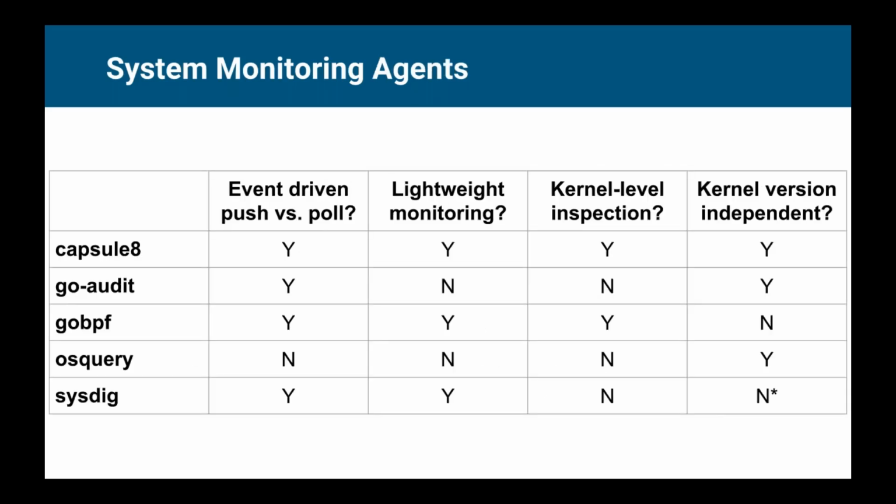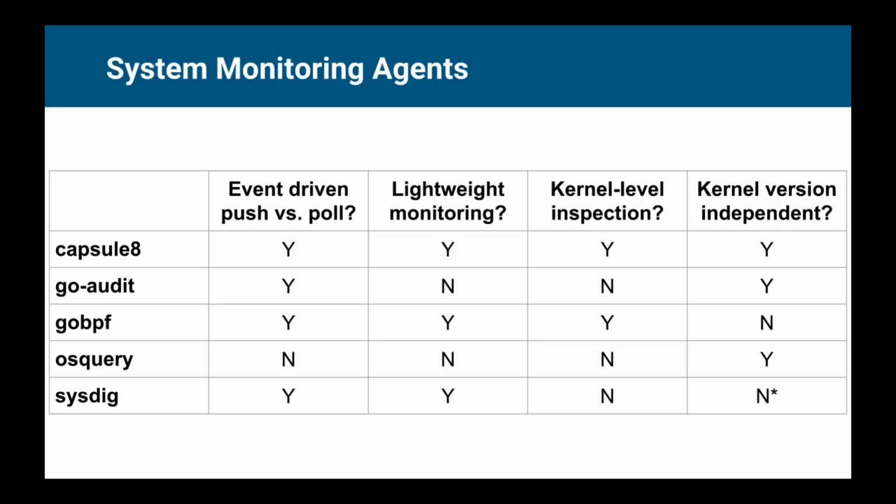Of these agents, there are various trade-offs, and we're going to go through the design considerations from Netflix's presentation as well, because we found them to be what we looked at as well. The first is whether the system is event-driven and pushing data versus pulling.